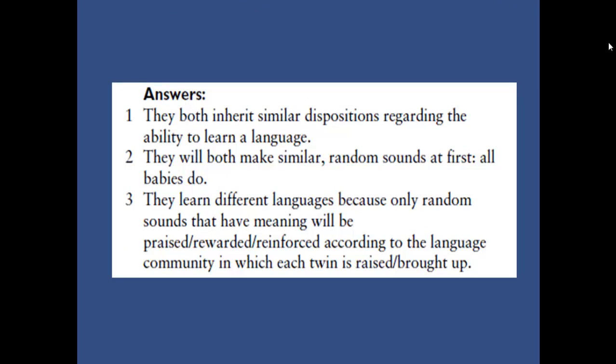Number 1. The answer to the first question, what do they both inherit? The answer is, they both inherit similar dispositions regarding the ability to learn language. 2. What sounds do they both make at first? They will both make similar random sounds at first. All babies do. Number 3.